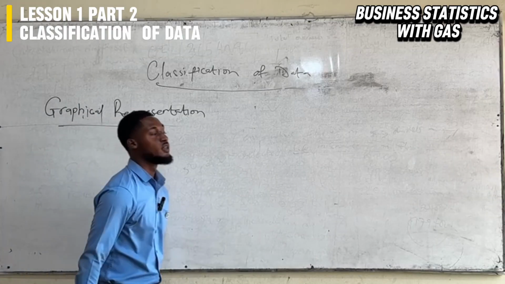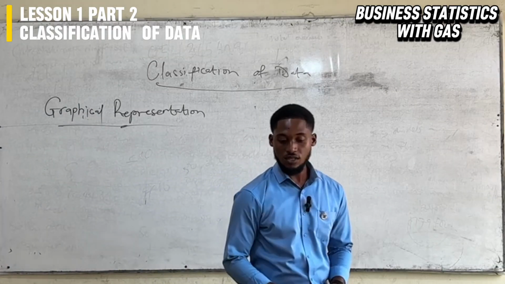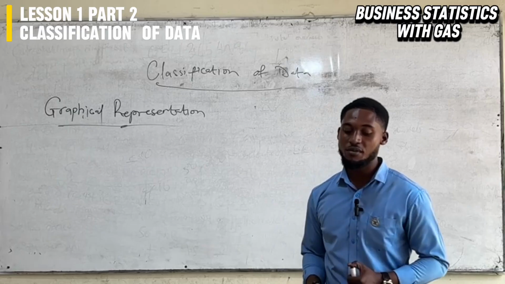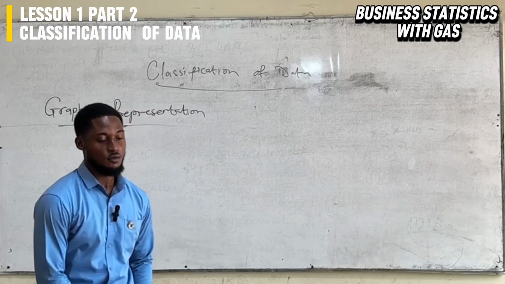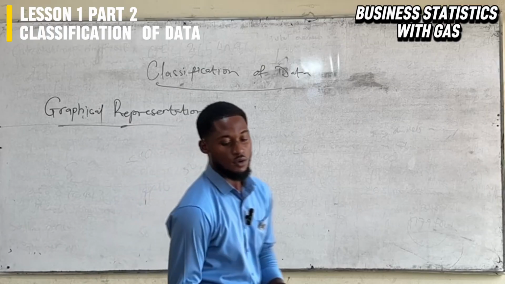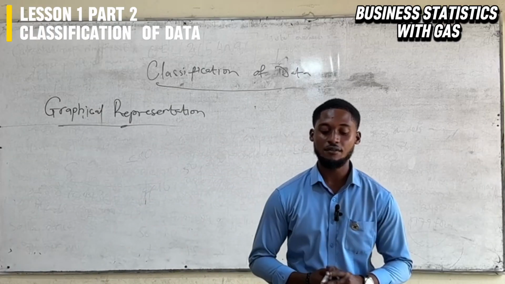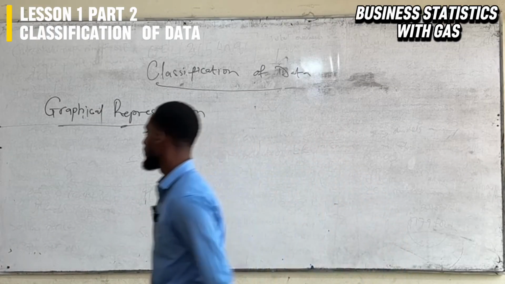So now the information provided by a frequency distribution in a tabular form may be presented graphically. So under graphical representation, we have the histogram, we have the frequency polygon, and we have the cumulative frequency curve.